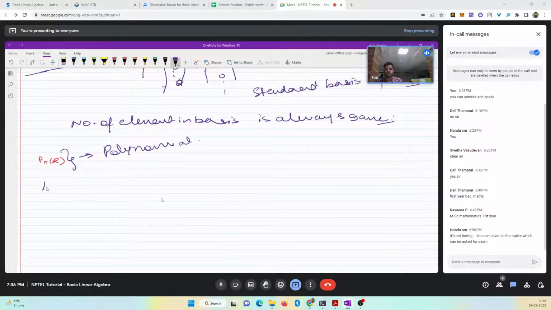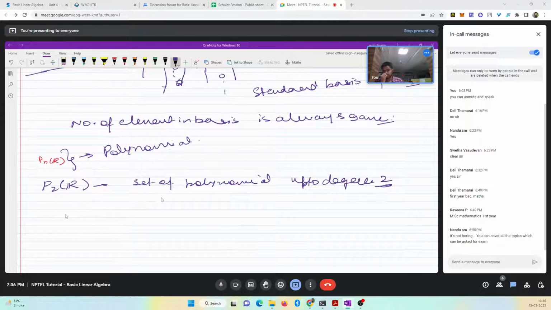Now let's take the example of P2R, that is the set of polynomials up to degree 2. How would a polynomial up to degree 2 look? It would look something like 2x square minus x plus 3, or x square plus 2x plus 4, which is also a member of this set.